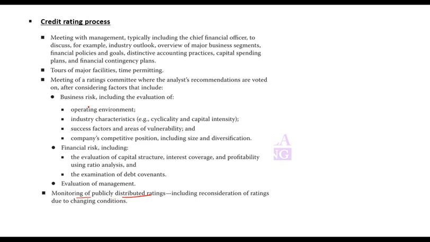That is, if the rating agency thinks that the company's fundamentals have changed and a revision is required in the rating, they will revise it. One key point to note is that ratings will lag the market. Why? Because, let's say something bad has happened to company A. Now the rating agency will take some time in doing analysis and then coming up with a new rating and then issuing it.